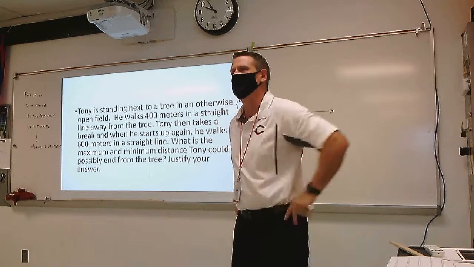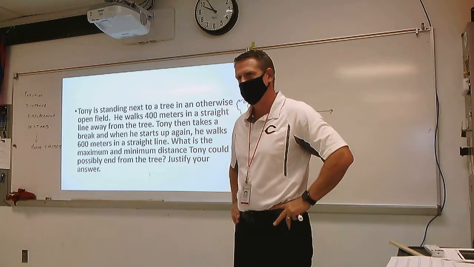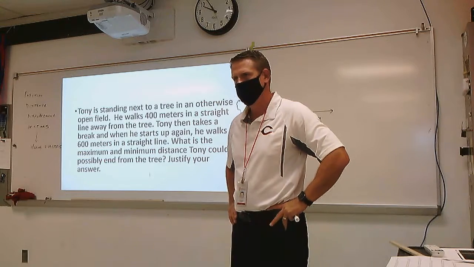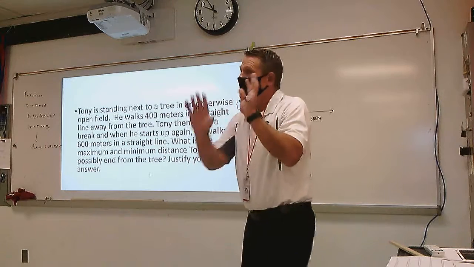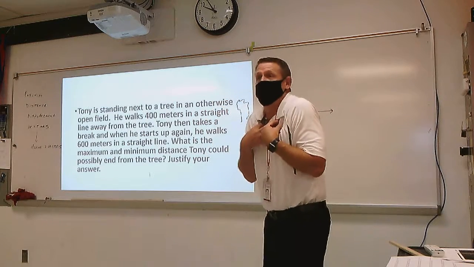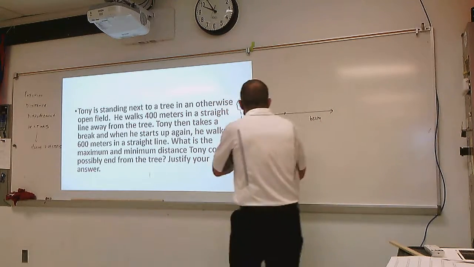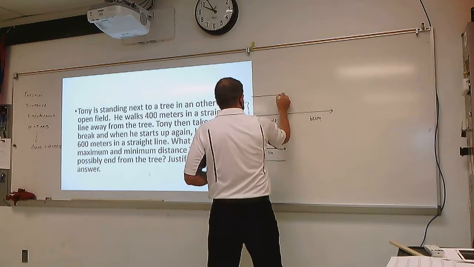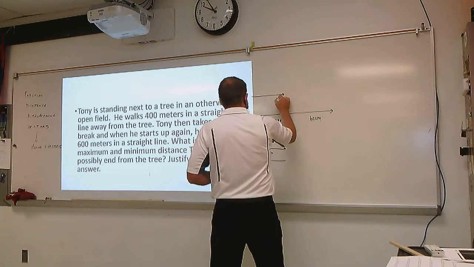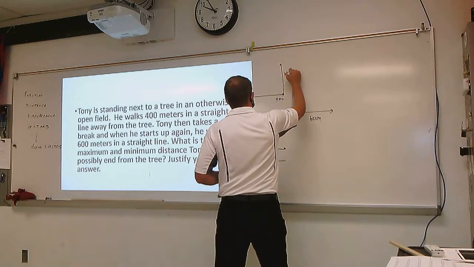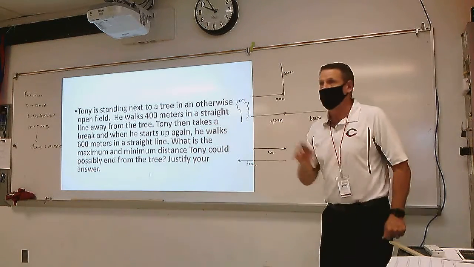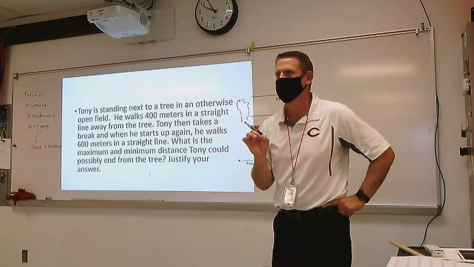Now, Drew, what else could Tony have done? You could have gone at a certain angle from 400 meters away from the tree. He could have gone a certain angle. Let's go with the easiest angle for us to deal with. The easiest angle is if he went 400 meters this way, and then he went 600 meters that way. That's a 90-degree angle.